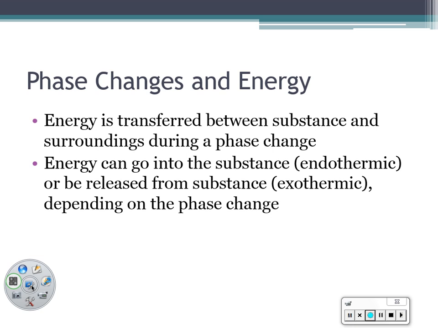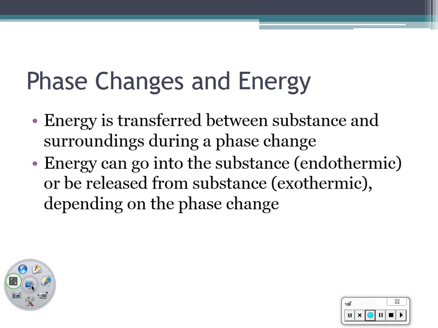But then letter C down at the bottom, where it says exothermic: something is exothermic if we release energy from that substance into our surroundings. So in letter B, endothermic, energy goes into the substance. But in letter C, exothermic, energy is released to the surroundings from our substance. Good with those terms for starters.